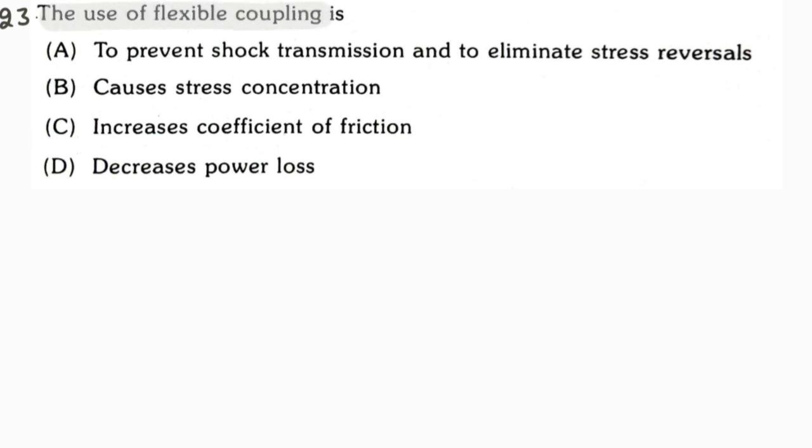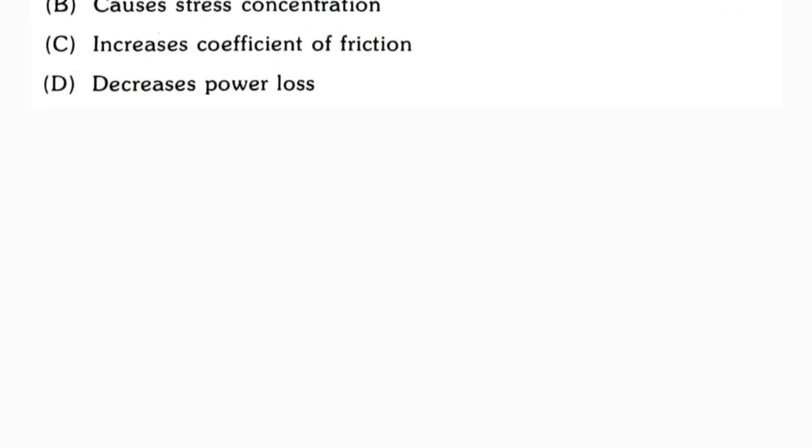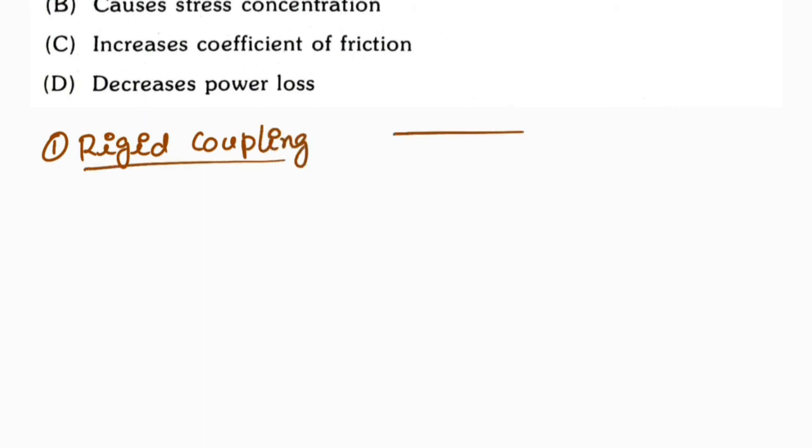The use of flexible coupling. Dear friends, a coupling is used for connecting two shafts. There are two types of couplings. The first one is rigid coupling. Rigid coupling is used for connecting two shafts which are on the same axis. Let this be one shaft and the other shaft.